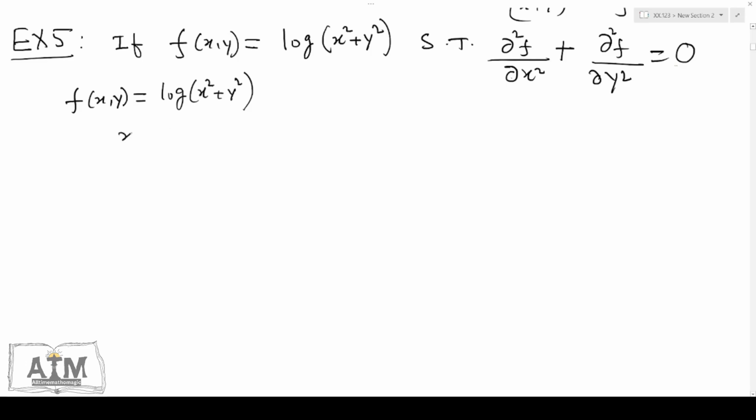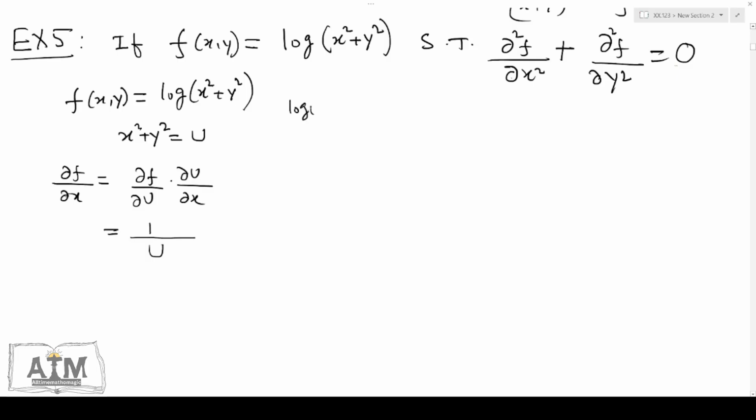So x square plus y square equals u. Then dou f by dou x equals dou f by dou u multiplied by dou u by dou x. This equals 1 upon u, since the derivative of log u is nothing but 1 upon u.